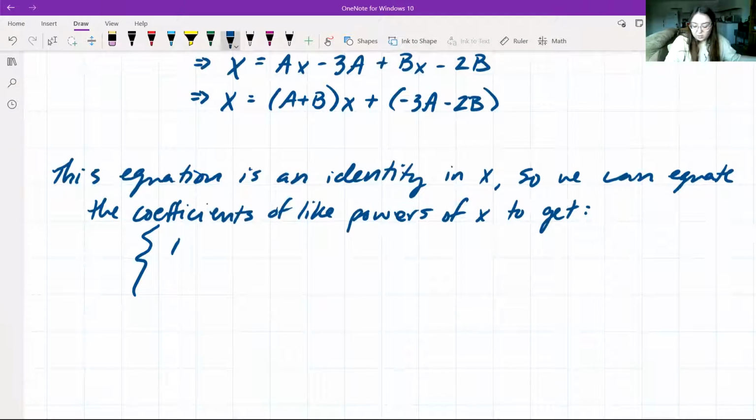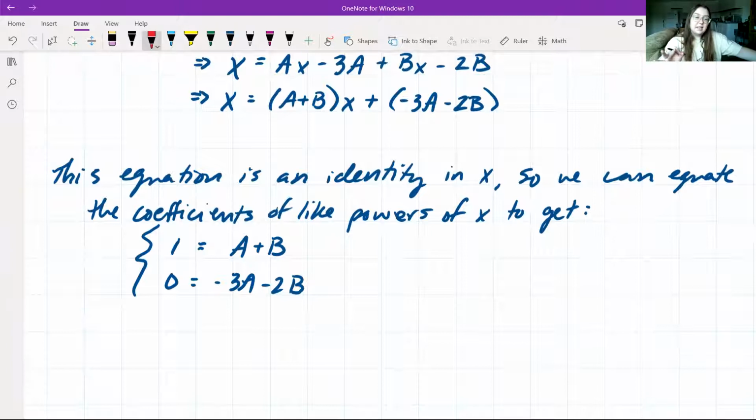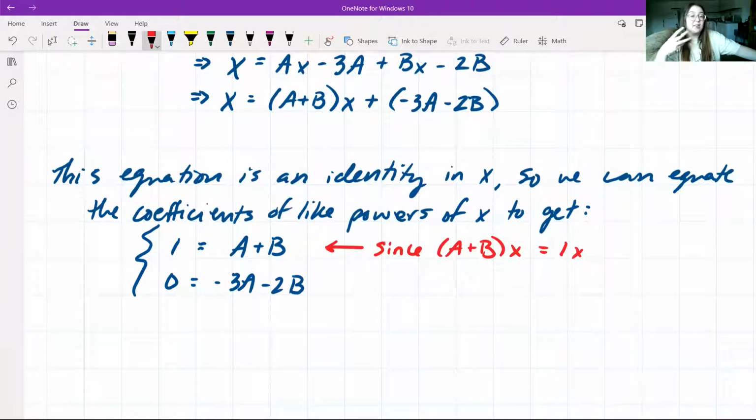And we're going to say that 1 is equal to a plus b and 0 is equal to negative 3a minus 2b. And we state that a plus b is equal to 1. This is because a plus b times x has to be equal to 1x, which means that if they're equal, a plus b has to be equal to 1. Same thing with negative 3a minus 2b.